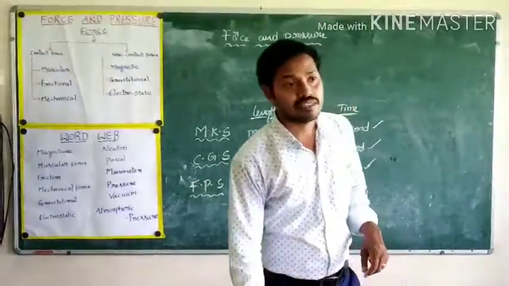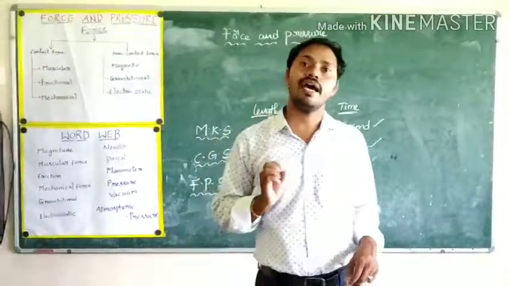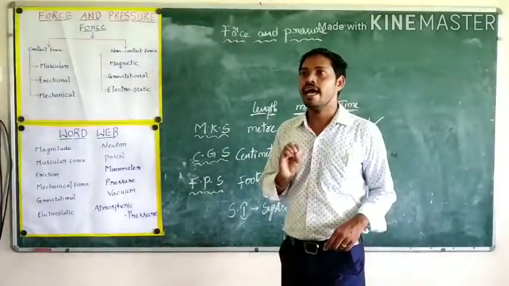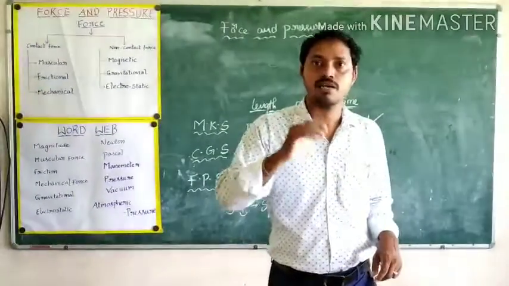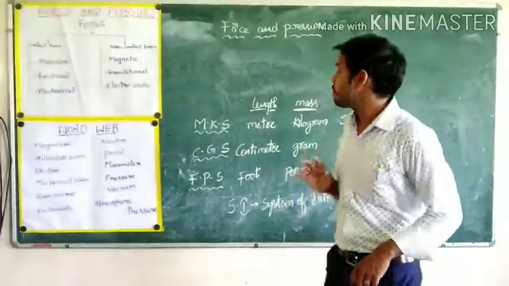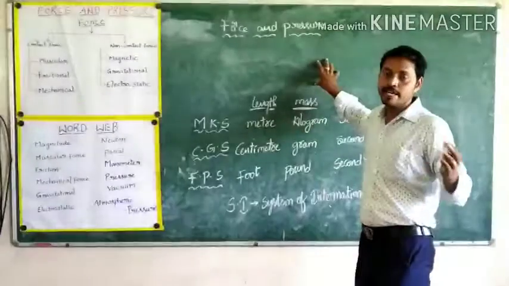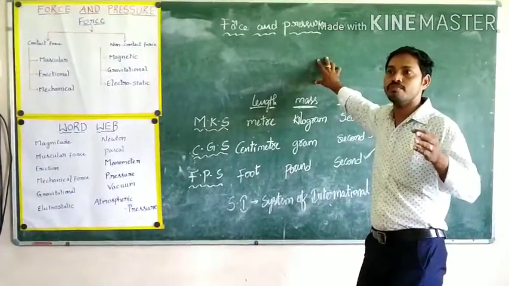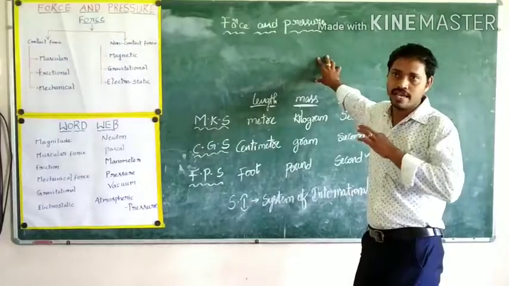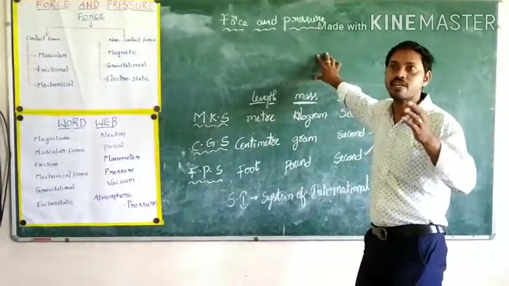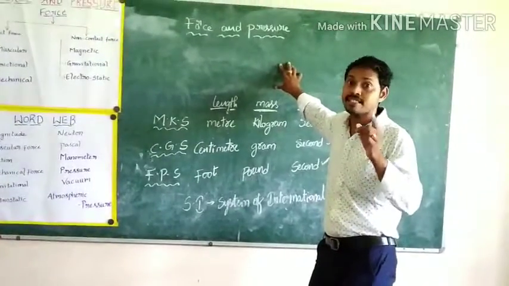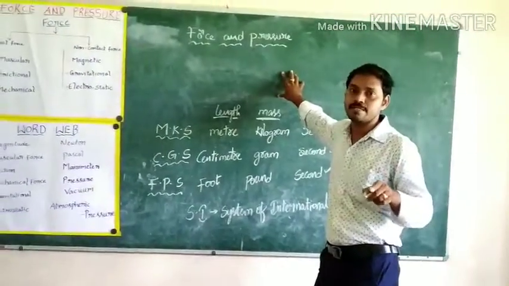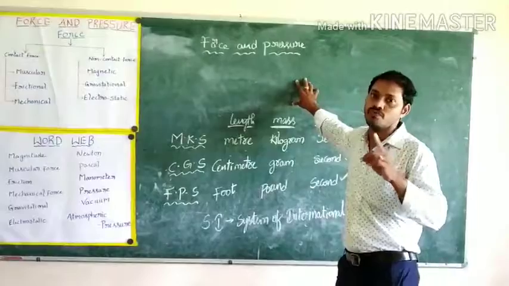So far we discussed force, the types of quantities, and the types of systems that are used to measure quantities. Okay, see, what is force? Any pull or push of an object is called force. Force is a physical quantity. We can't touch the force, but we can experience the effects of force.